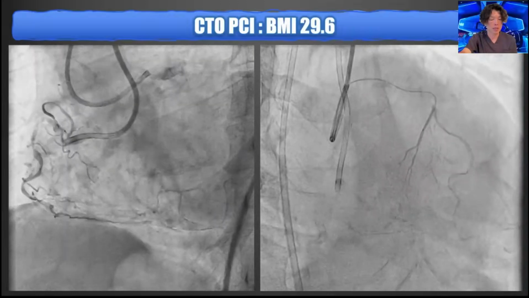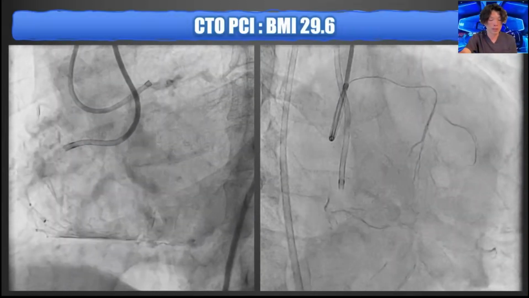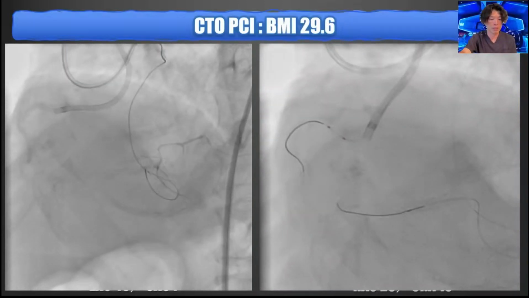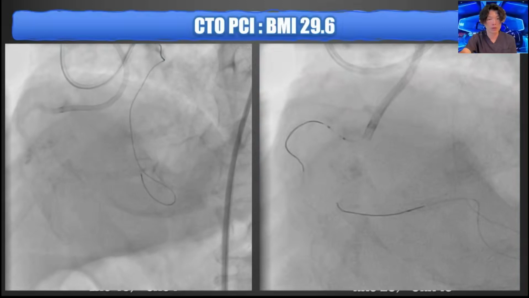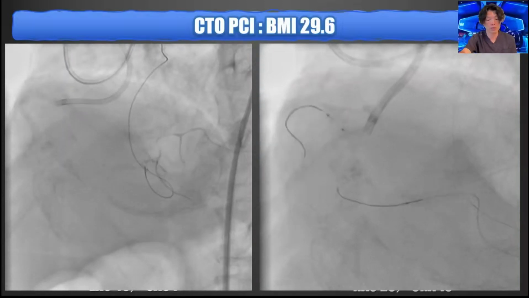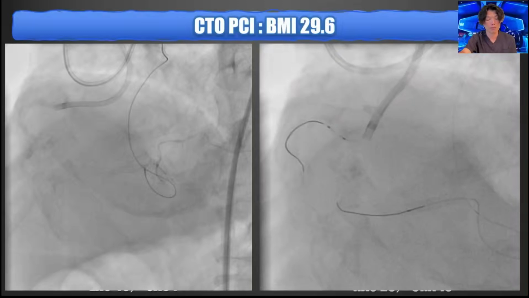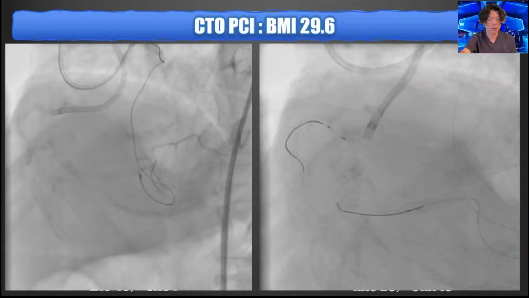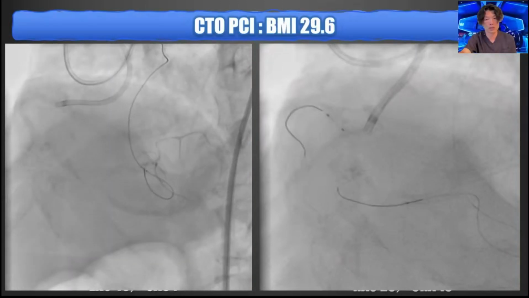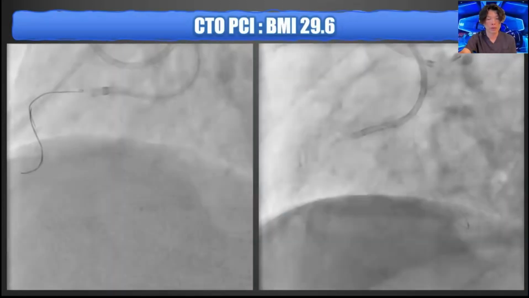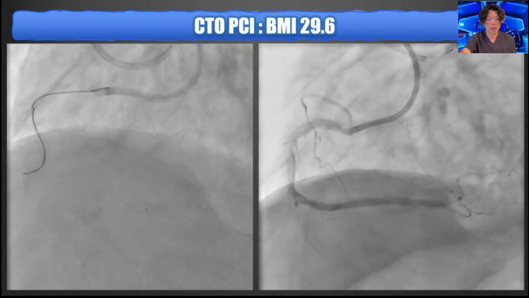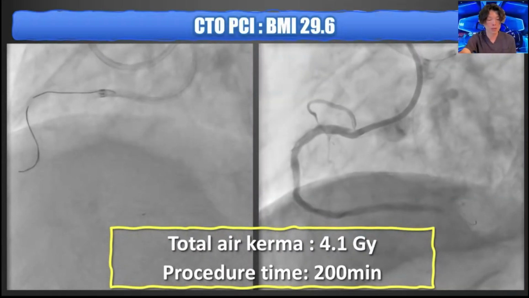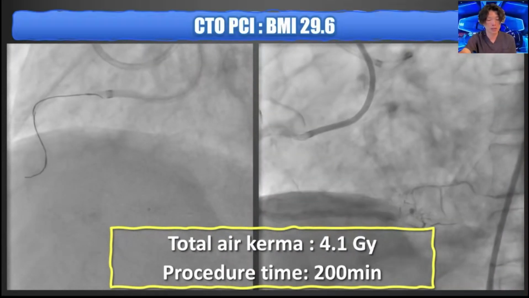For a patient with a BMI of 29.6, male sex, high BMI and moderate or severe calcification, vessel tortuosity, distal cap bifurcation, longer CTO occlusion length, and the presence of blunt or no stumps, the factors that are expected to be associated with higher air kerma, resulted in a total air kerma of approximately 4.1 gray, with a procedure time of 200 minutes.